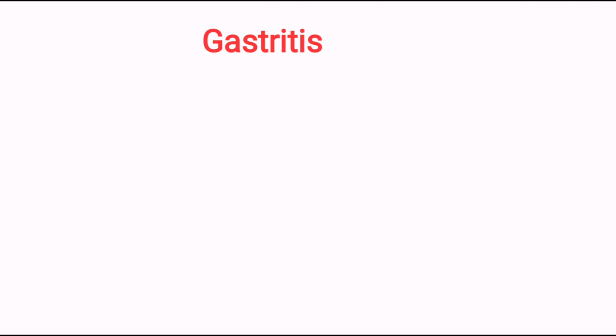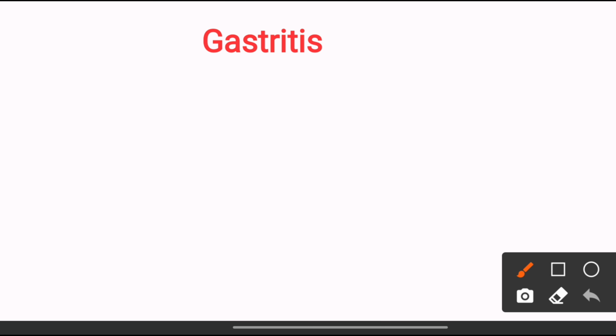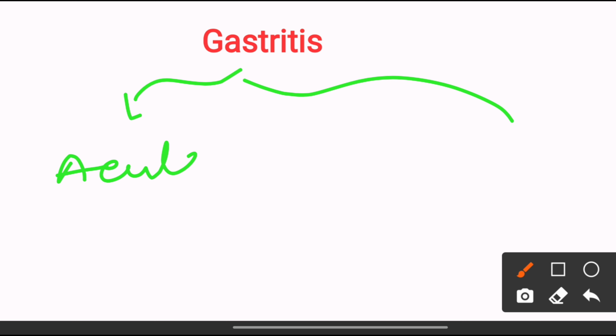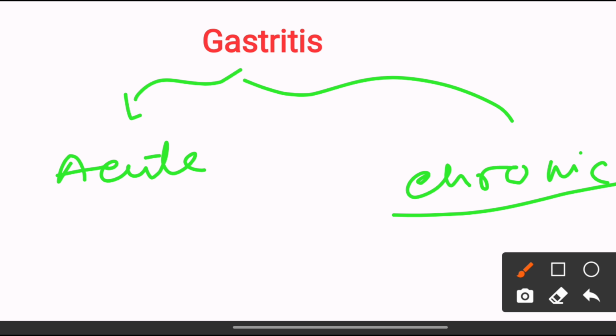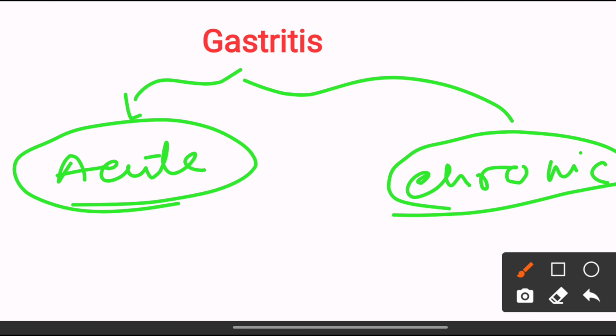There are two types of gastritis. One is acute gastritis, and another is chronic. Acute and chronic. What is acute gastritis?